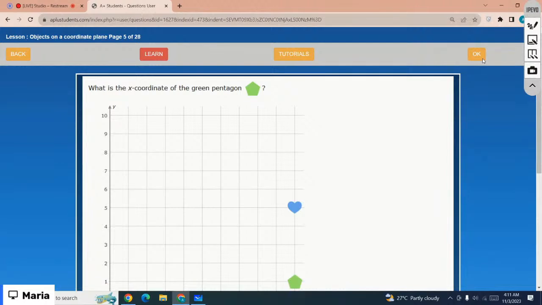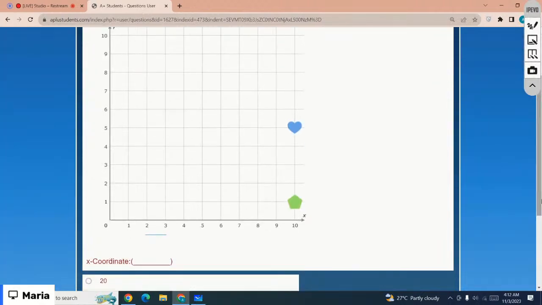What is the x coordinate of the green pentagon? Which is the correct option? The correct option is 10, right?